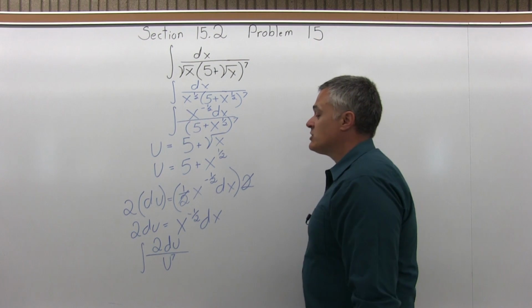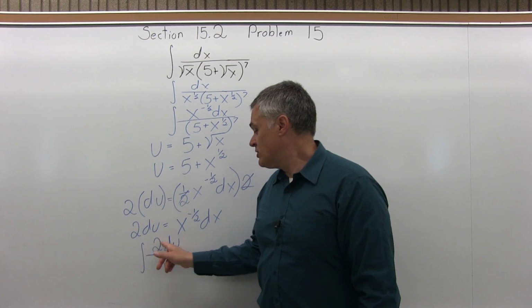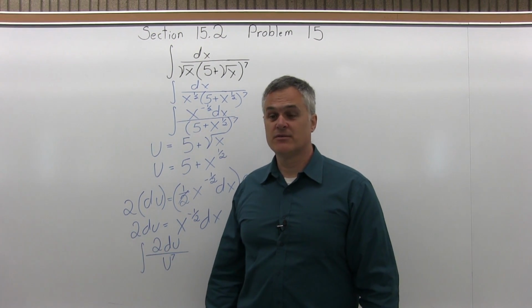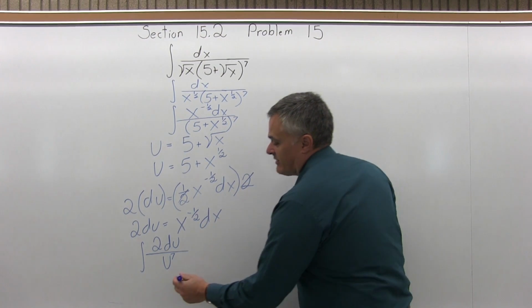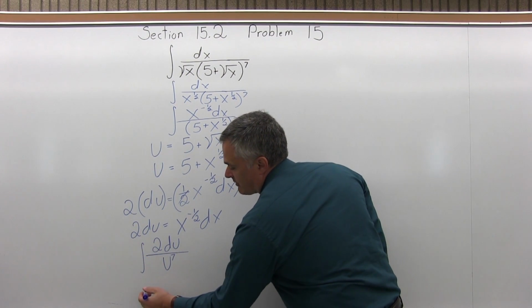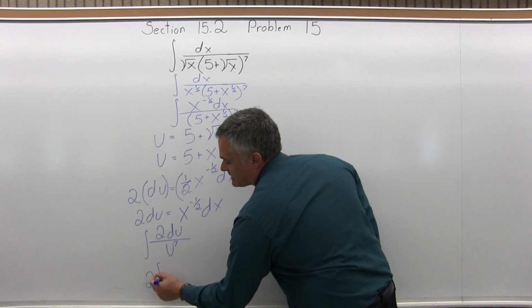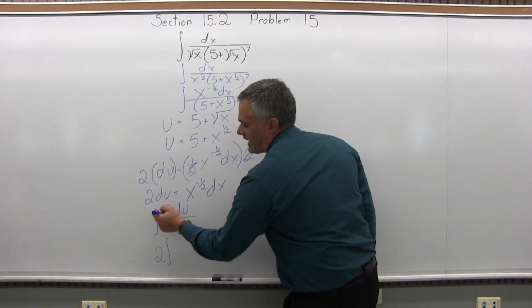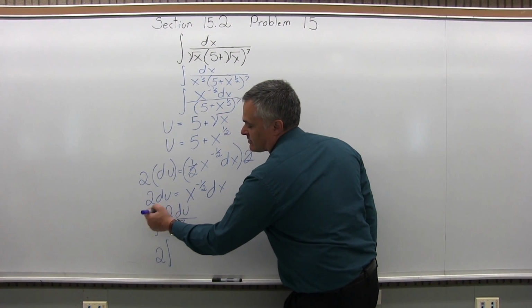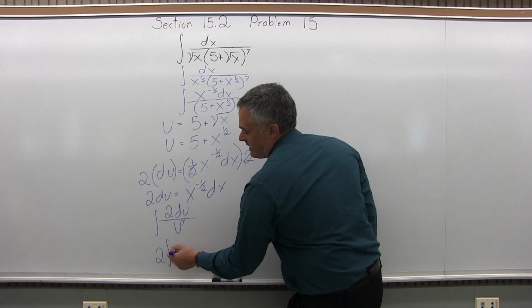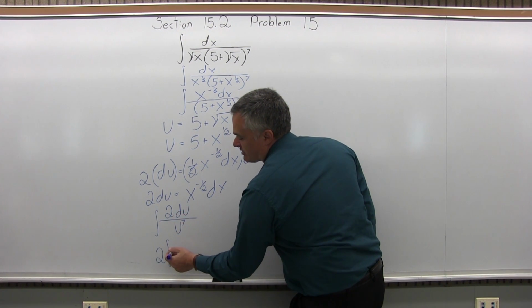So now I want to solve the integral of 2 du over u to the 7th. So let me rewrite that. First of all, the 2 can come in front of the integral symbol. Because it has no variable, it's just a 2, I can put it inside the integral or outside the integral. And I like it better out. And instead of du over u to the 7th, let me write that as u to the minus 7 du.